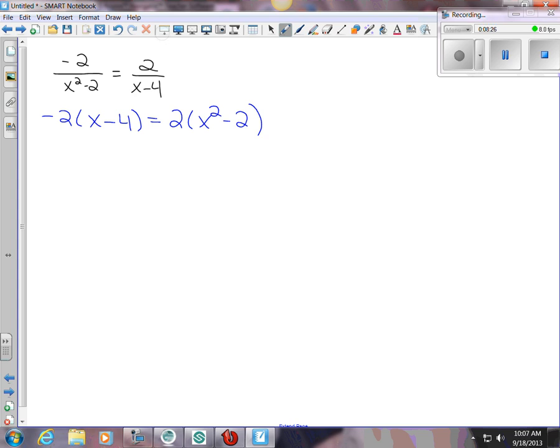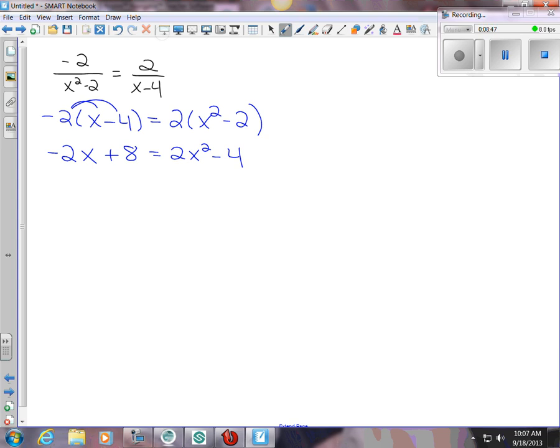So a lot of you make the same mistake when we distribute it through this negative 2. You got to watch your signs, guys. What's a negative times a positive? Negative. What's a negative times a negative? Positive 8. A lot of you made that mistake, about half of you. Okay, so please be cautious with that. Okay, over here we get 2x squared minus 4.